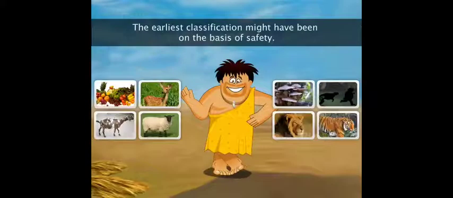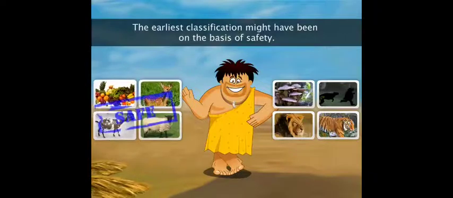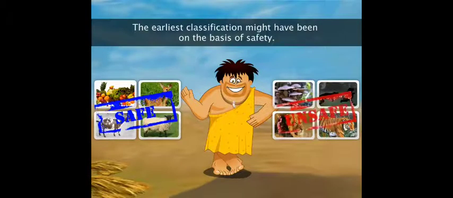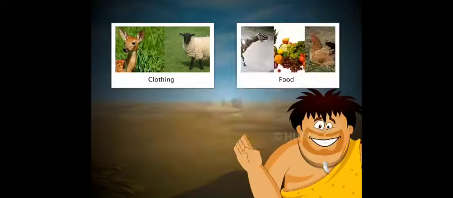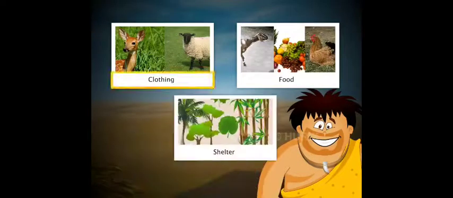The earliest classification might have been on the basis of safety, which organisms were safe and which ones could cause harm. They must have classified organisms on the basis of their use for various necessities such as clothing, food and shelter.